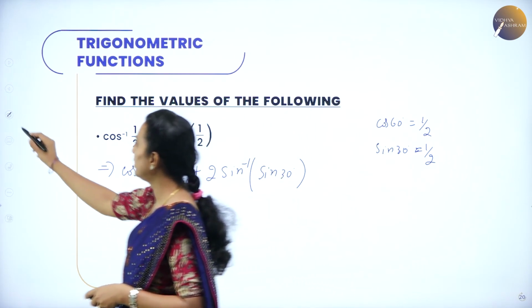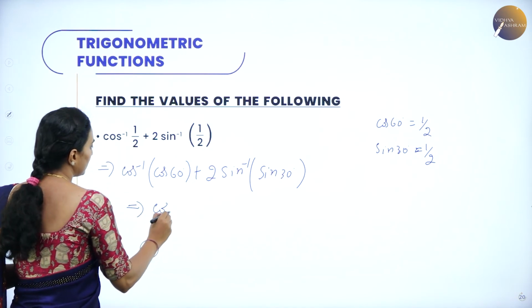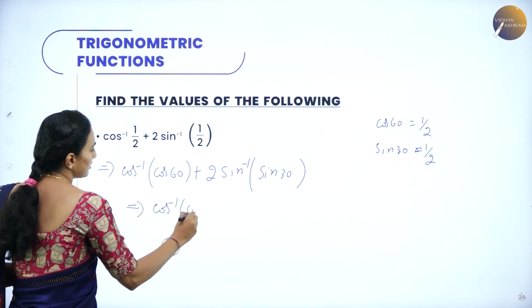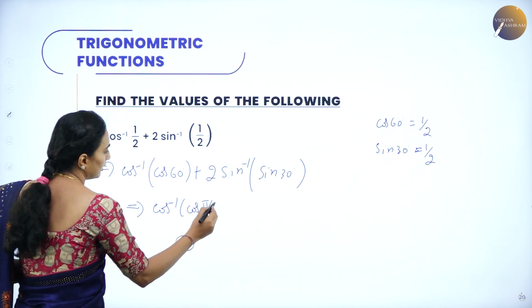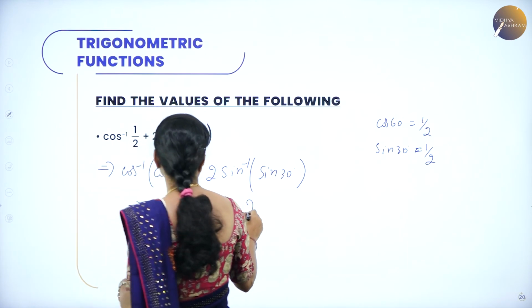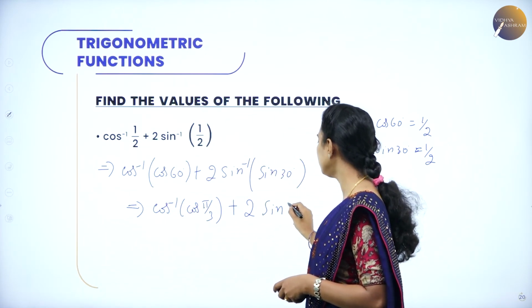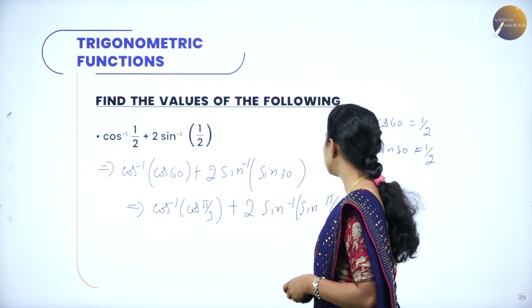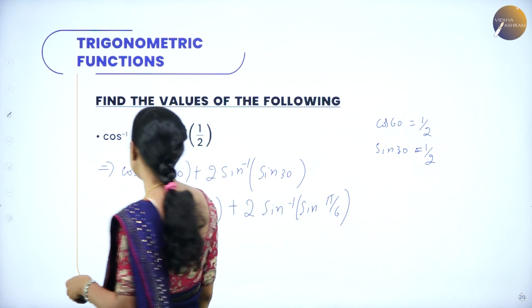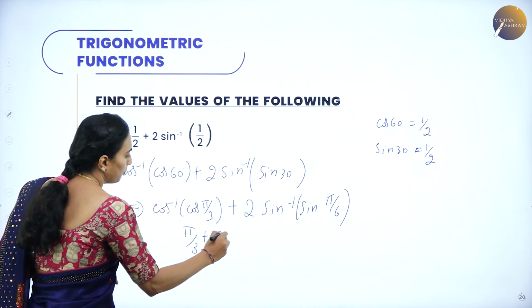So here I am going to write that cos inverse of cos 60 degree is pi by 3. Correct? 60 degrees is pi by 3, plus 2 into sin inverse of sin 30 degrees, which is pi by 6. So you are going to have cos inverse will go, pi by 3 plus 2 pi by 6.